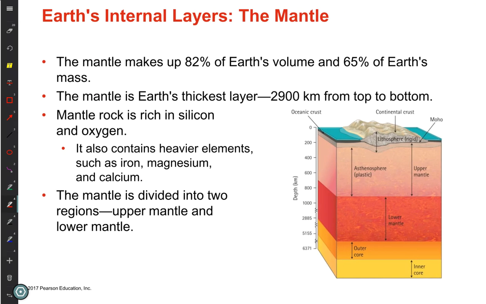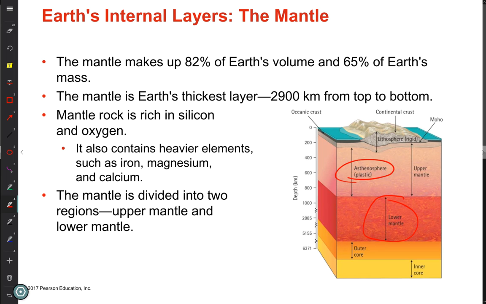So here is looking at the Earth as if it was a rectangular thing instead of a sphere. So down the center you have the inner core, the outer core, the lower mantle, which is, well, let's just say mantle and be done with it. The upper mantle, called the asthenosphere, that's the region that's kind of deformable.